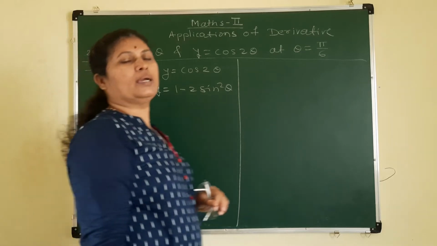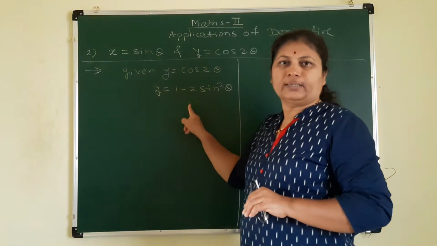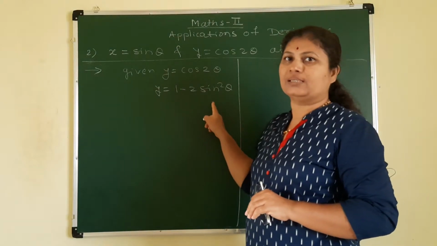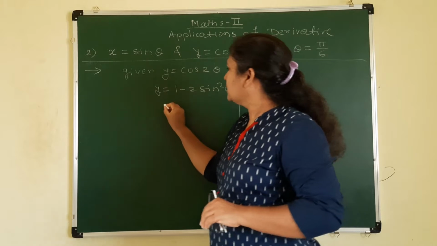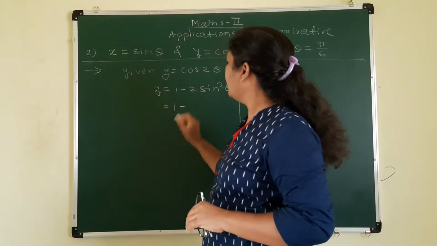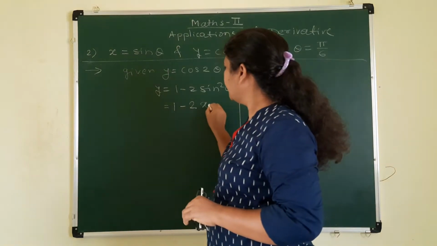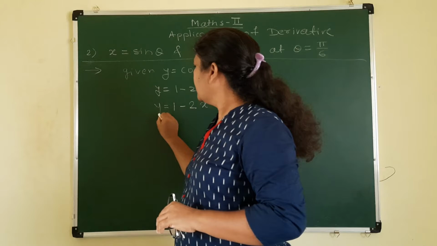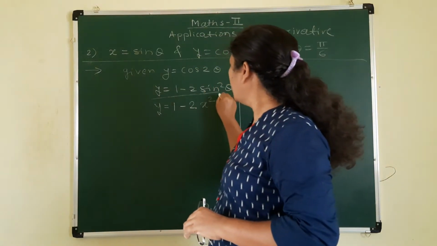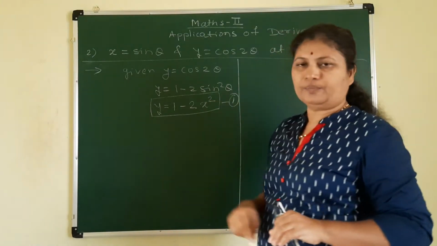We learned this in our 11th standard. So this is equal to 1 minus 2 x square. So y is equal to 1 minus 2x square is our equation. This is equation number 1.